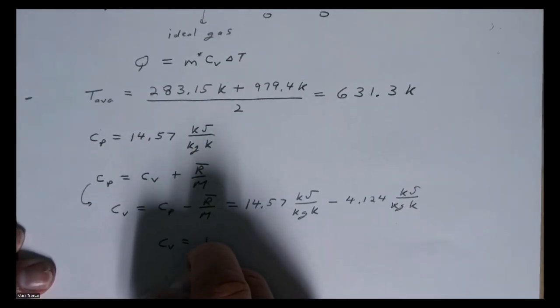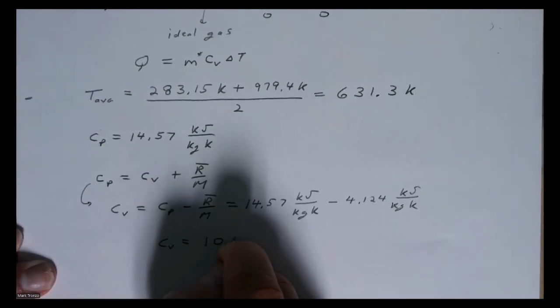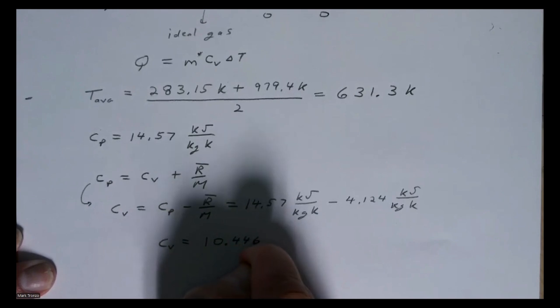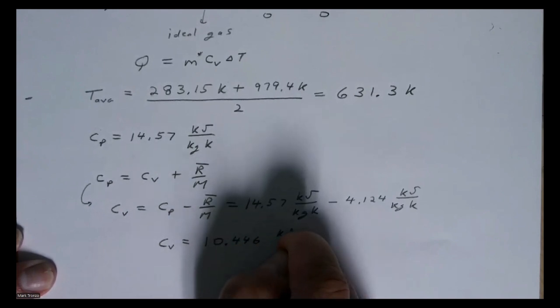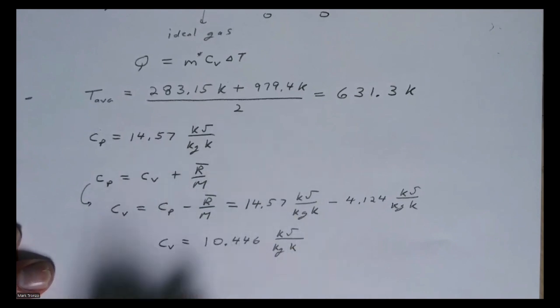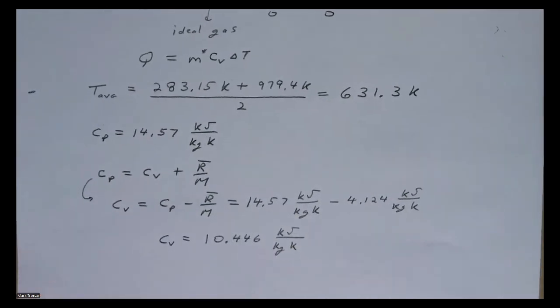And when you put that in your calculator, 10.446 kilojoules per kilogram K, like this.